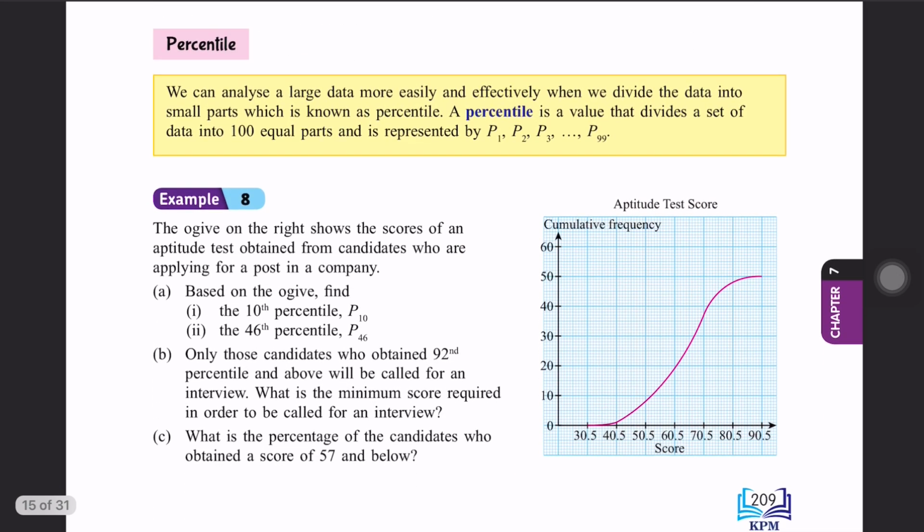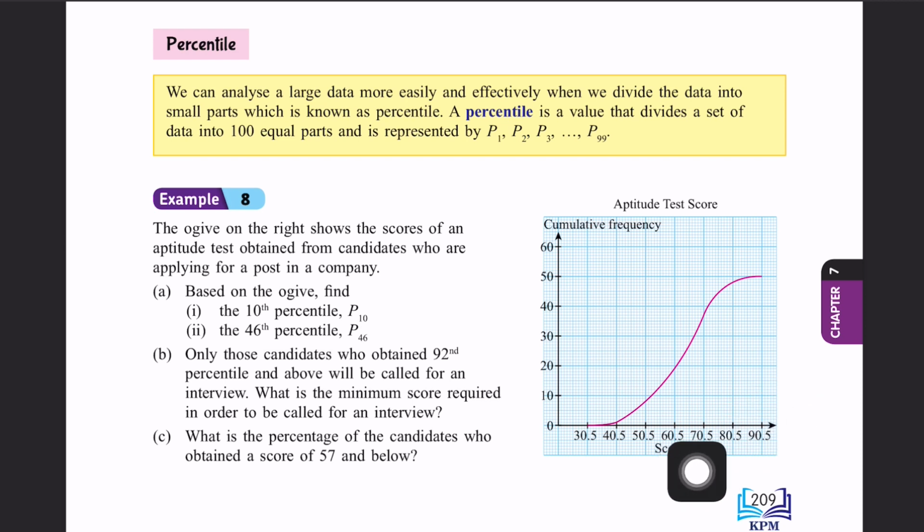Okay, what is the percentage of the candidates who obtain a score of 57 and below? Okay, so dia kata 57 and below. Okay, so macam mana kita nak cari 57. Sini score kan. So daripada score kita kena cari 57.